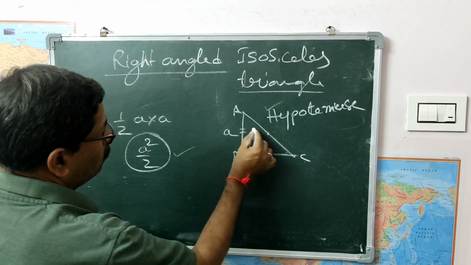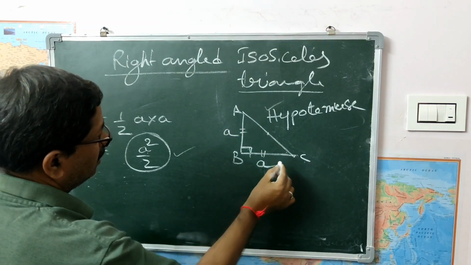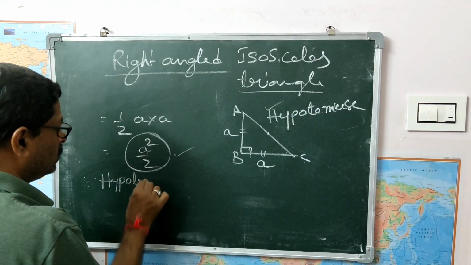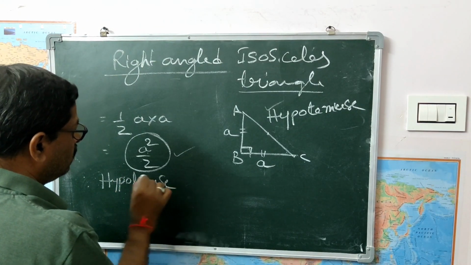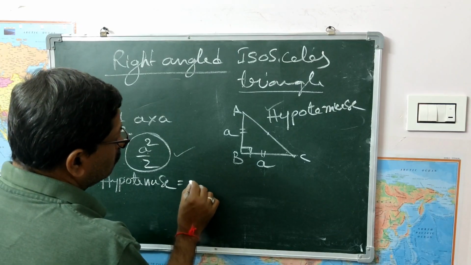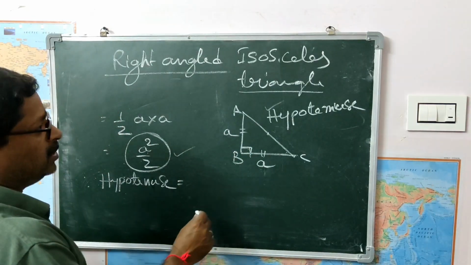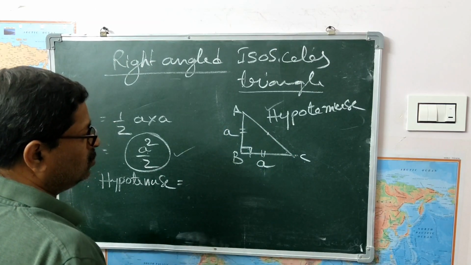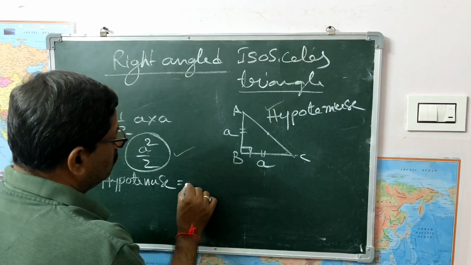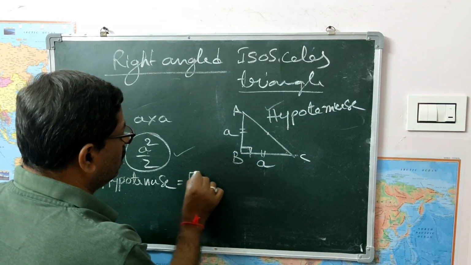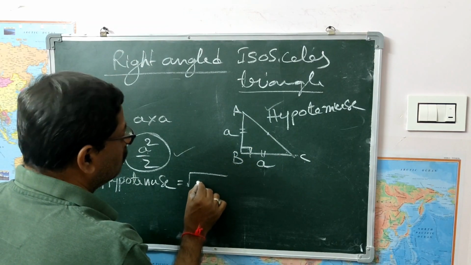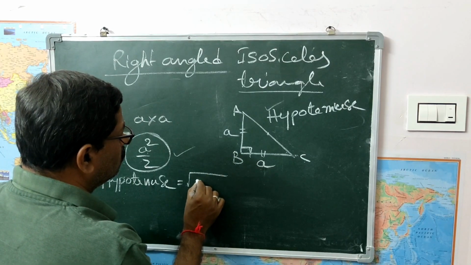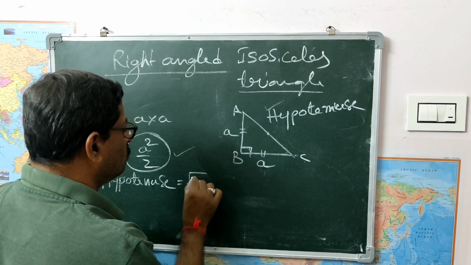And if you use the Pythagoras theorem and get the length of the hypotenuse, for this case, I tell you, hypotenuse is equal to the square root of, according to the Pythagoras theorem, the square on the hypotenuse is equal to the sum of the squares on the other two sides. That is, the length of the hypotenuse is equal to the square root of a square plus a square, that is 2a square, which gives root 2 a.